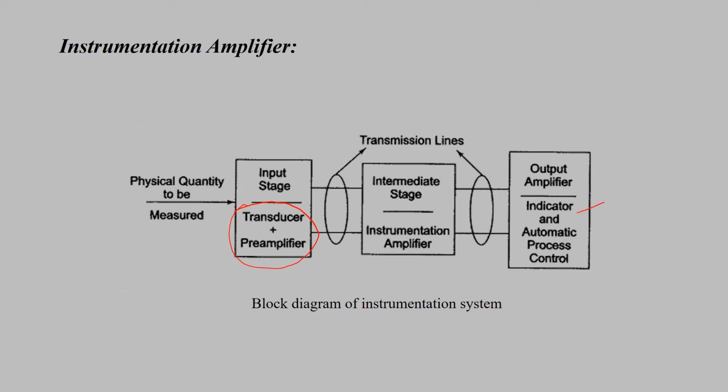In between there is the instrumentation amplifier, which is connected through transmission lines, and this is the physical quantity to be measured. The connecting lines between the blocks represent transmission lines, especially when the transducer is at a remote test site monitoring hazardous conditions such as very high temperature or the liquid level of flammable chemicals.